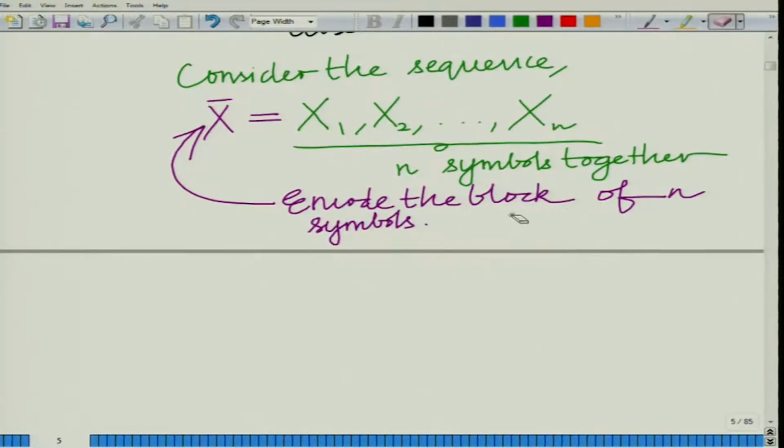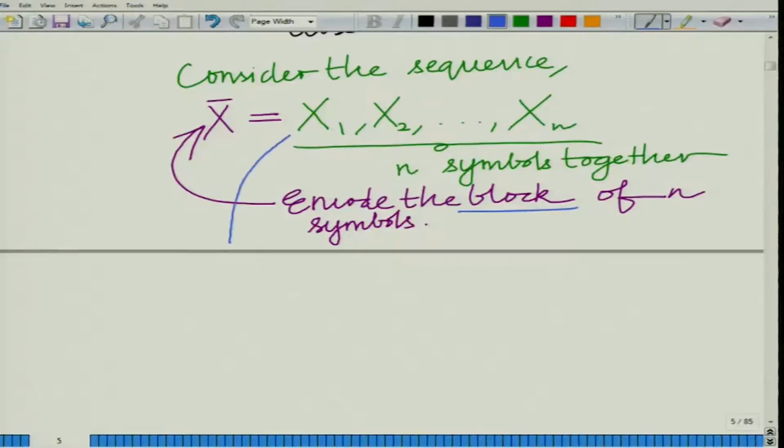Rather than encoding a single symbol, let us say I encode in blocks. Instead of encoding a single symbol, I encode blocks or groups of symbols. So n symbols together comprise a block.